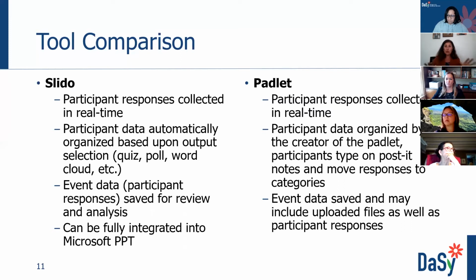You can use these tools before your meeting to gather information, during your meeting, and after your meeting. The participant responses are all collected in real time, and that is a similarity between the two tools.